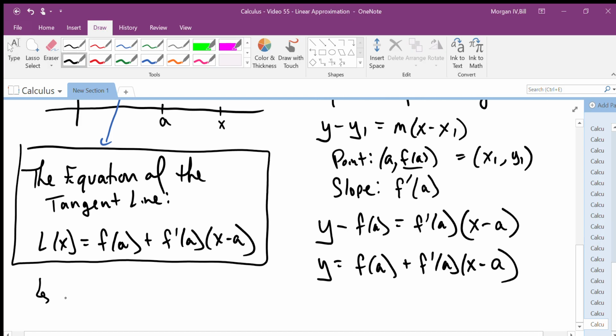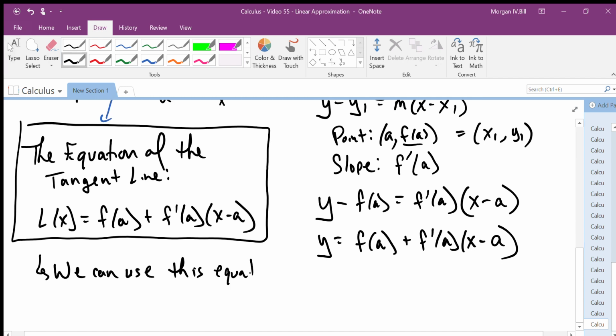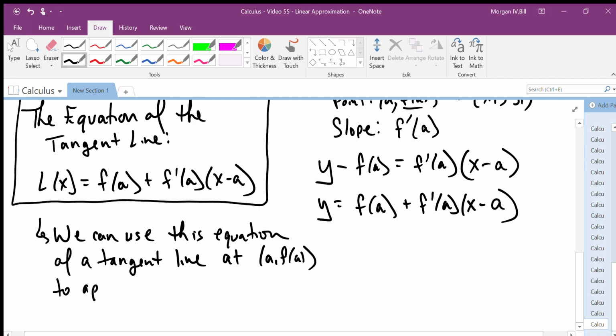And we can use this equation of a tangent line at a, f of a to approximate the function value at x. All right, so pick any x that's not a, and we can approximate the value of the curve at x.